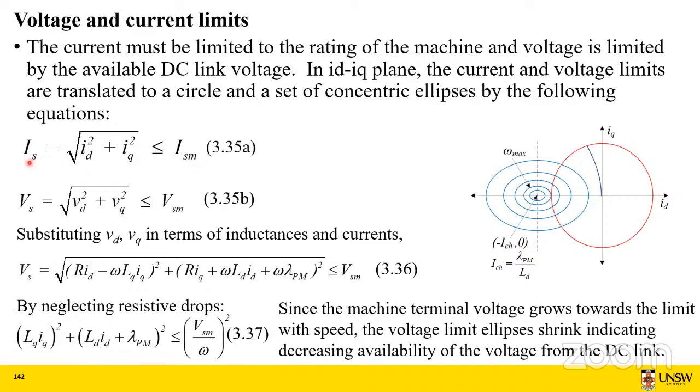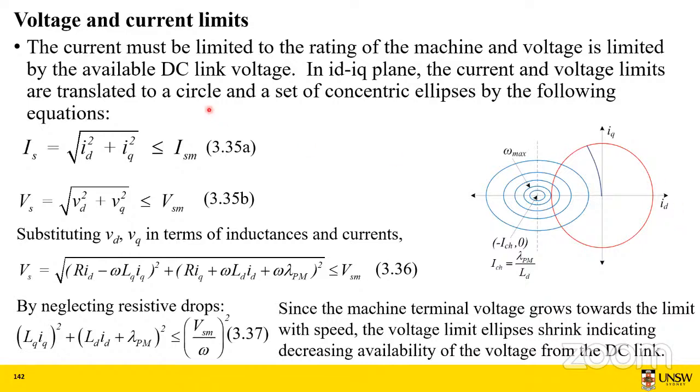So this current phasor or current amplitude must always be less than the rated current. And similarly, the voltage must always be less than the rated voltage of your motor. This current equation, if we plot it in the ID, IQ plane, is actually a circle, okay? So the current limit translates to a circle in the ID, IQ plane.